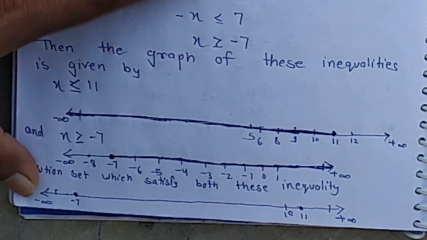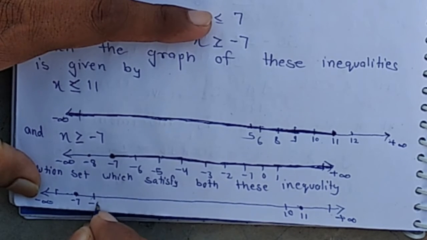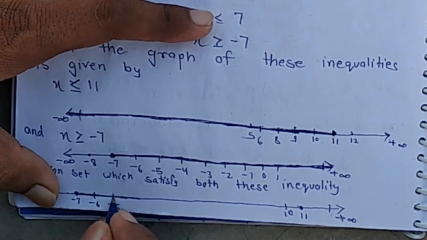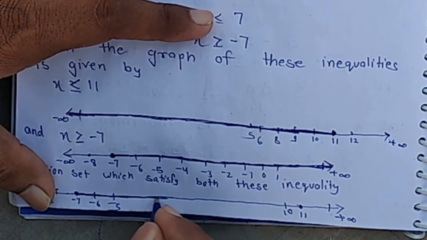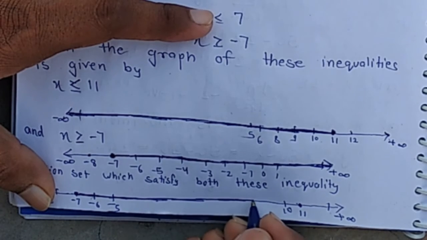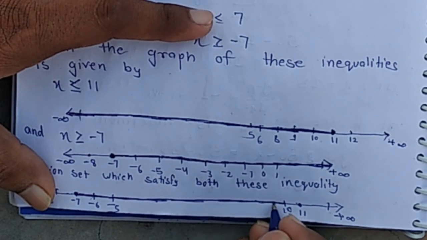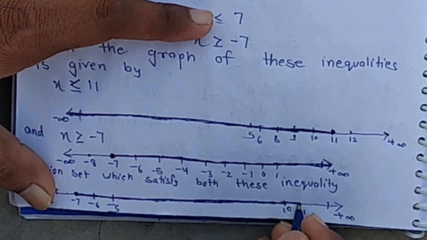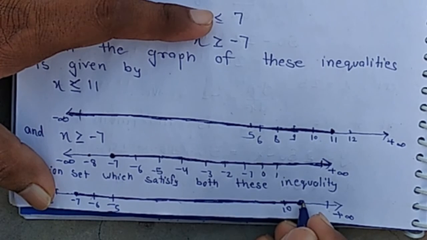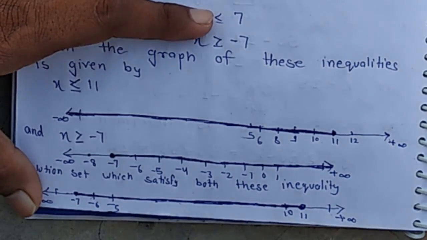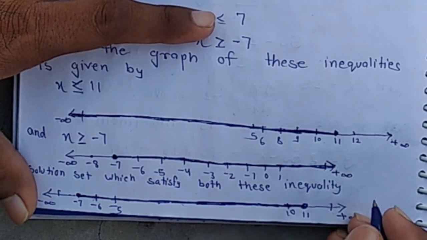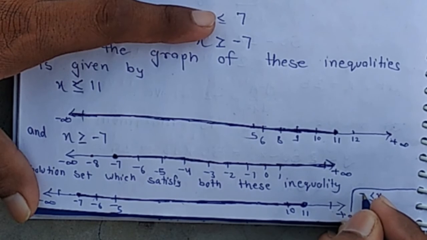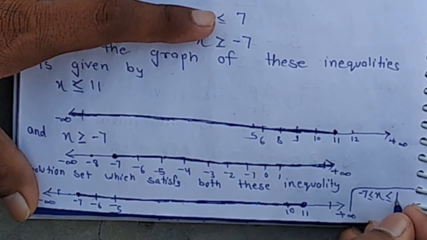Then the solution set is all values lying between greater than minus 7 and less than 11. 11 is included, minus 7 is included, and x is given by x is greater than or equal to minus 7 and less than or equal to 11.